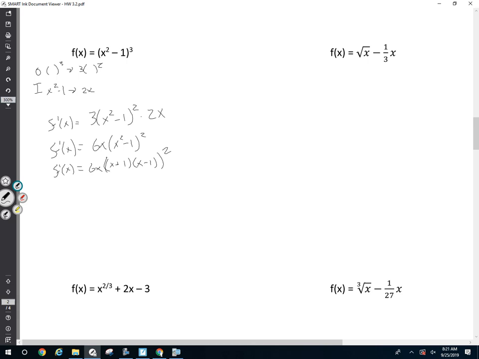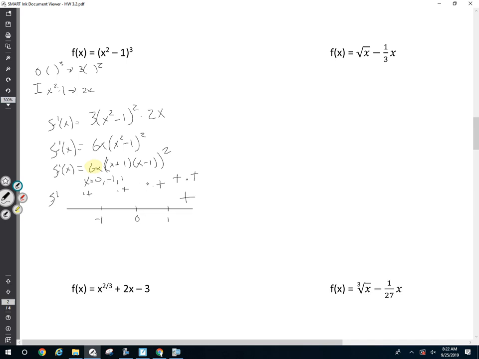So we have interesting points here. We're going to have 0, negative 1, and positive 1. Make sure you list them in order. Now, the only thing that's going to change signs is the 6x, because this (x plus 1)(x minus 1) is being squared, so I know it's always going to be positive. So times a positive, times a positive. 6x, well, to the right of 1, positive.